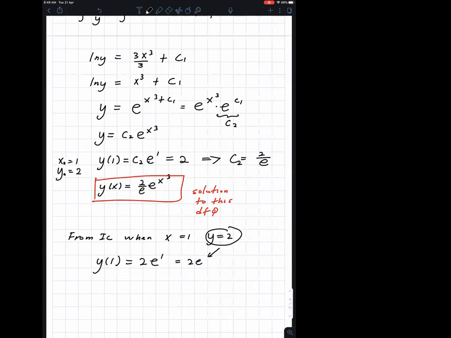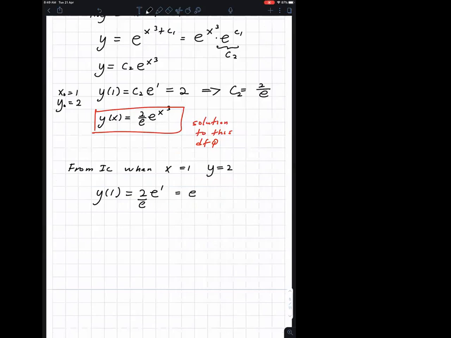Okay? So that's the equation. Now you evaluate that equation at the initial condition when x equals 1. So you know this is 2 over E here. E and E cancel, so you end up with 2. Therefore it checks. So that's a way to check if you have derived the equation correctly.